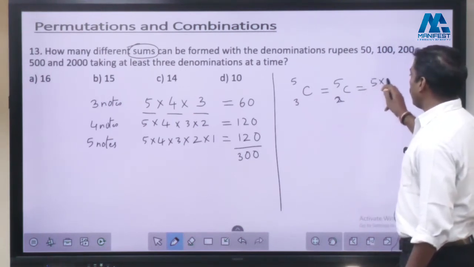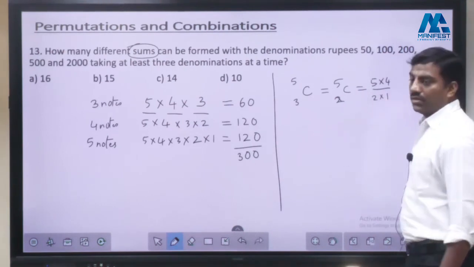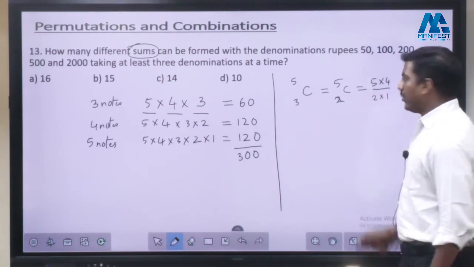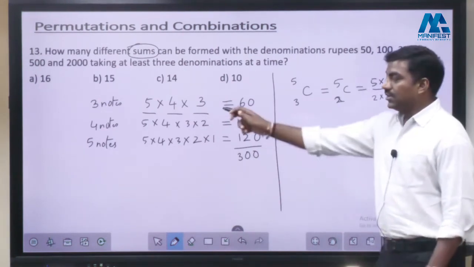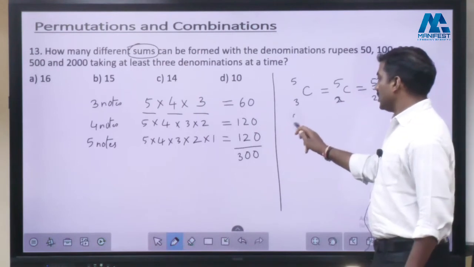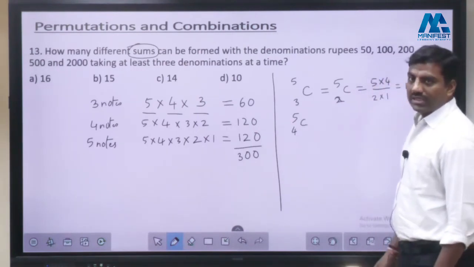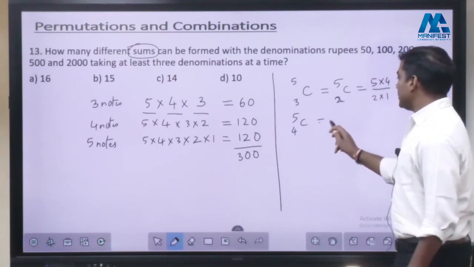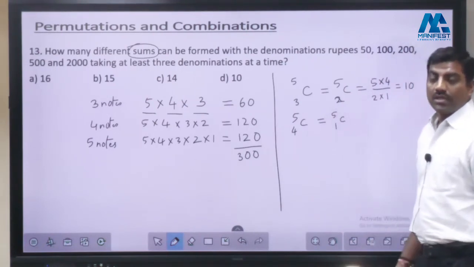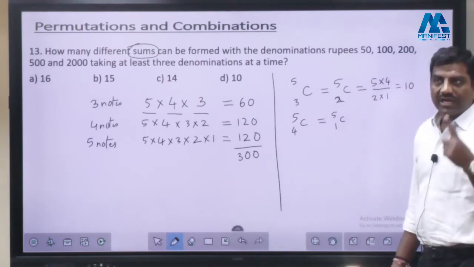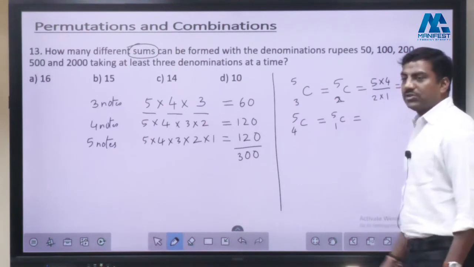Start with 5, write 2 entities; start with 1 and write 2 entities. This is 10. Next, take 4 notes. That is nothing but 5C4, which is nothing but 5C1 also. Rather than selecting 4 notes, you can reject 1 note, right?